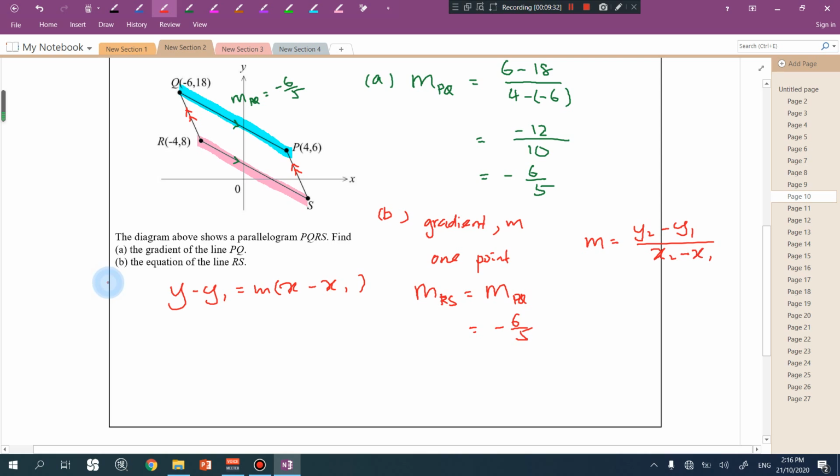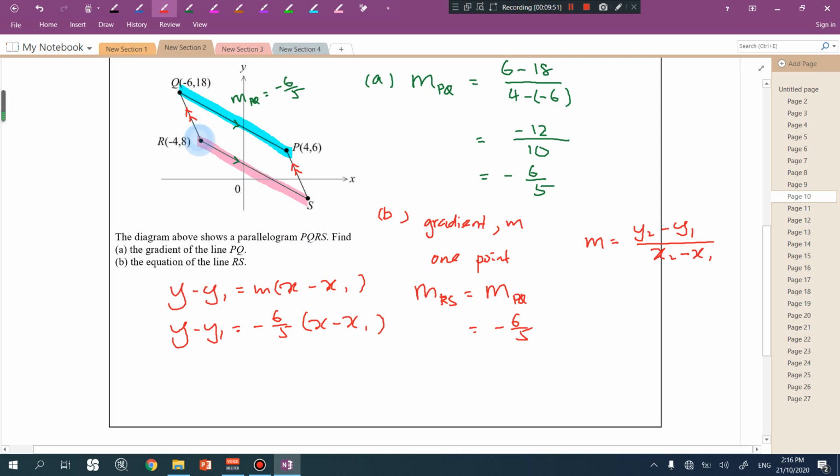For the beginning, I would suggest you to write this equation a few times so that you can remember it well. So now I know the gradient is negative 6 over 5. y minus y1 is equal to negative 6 over 5 times x minus x1.